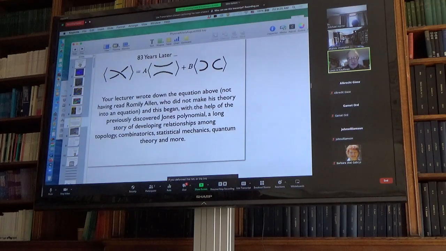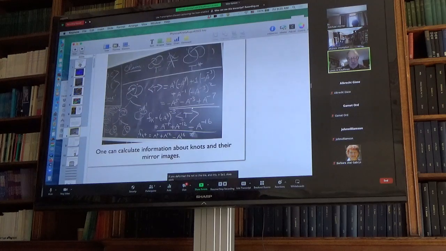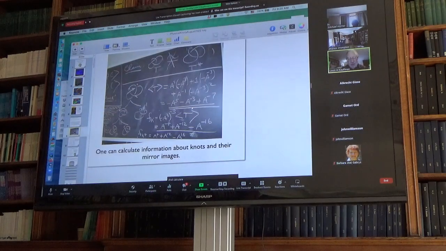And this in fact does work, and calculations look like this, you see, that you would start with a knot and you would look at the two different ways of reconnecting it. And it doesn't matter here about orientation until later, so you just look at the two ways of reconnecting that, and then look at the different ways of reconnecting those.